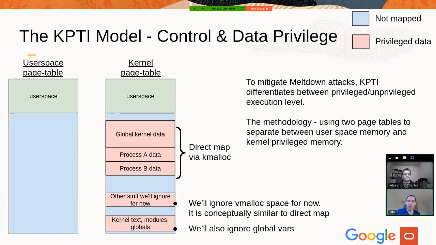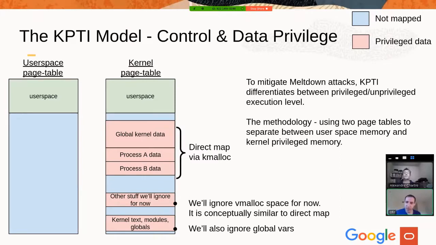When in user space, only user space memory is mapped, other than tiny bits of trampoline memory. When we switch into the kernel, we switch to a page table that also has everything the kernel has, which also belongs to all the processes in the system: global variables, and obviously also kernel text.